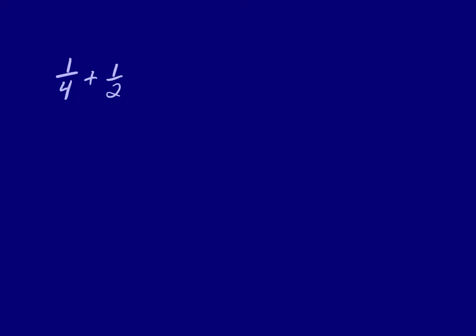Our next example is going to be 1/4 plus 1/2, and right away you can see that 4 and 2 are different denominators. So we're going to make our little chart to find the LCM, or least common multiple. So over here, I'm just going to write LCM for least common multiple. That means we're finding the smallest number that 4 and 2 have in common.